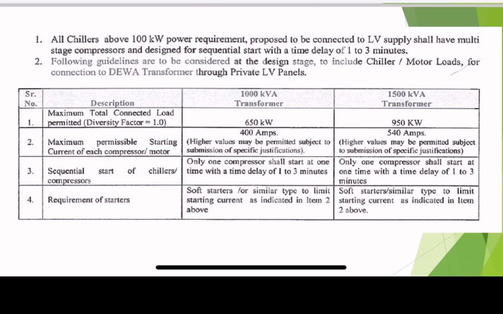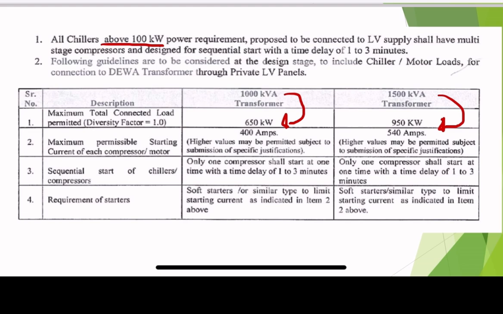In part 8 video, I told you about one point which is very important. If any individual load in a particular MDB is more than 100 kilowatt, then we can use a 1000 kVA transformer for a total connected load of 650 kilowatt, and we can use a 1500 kVA transformer for a total connected load of 950 kilowatt.